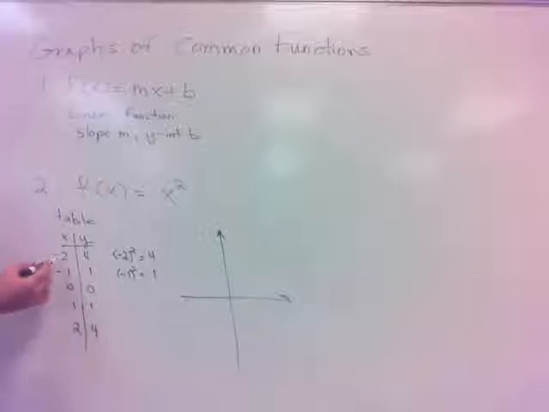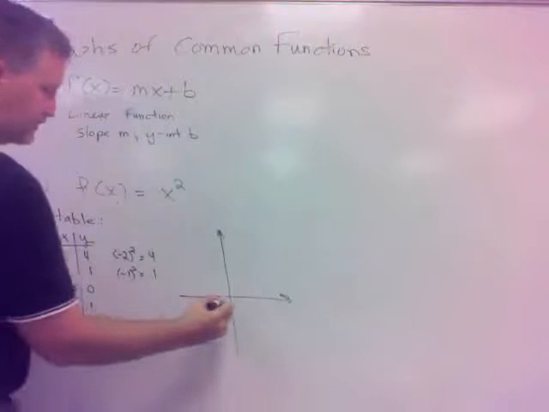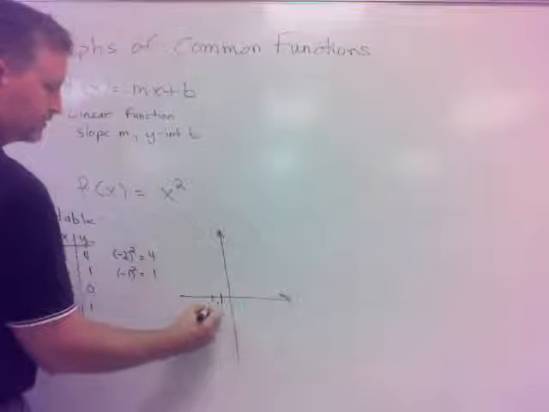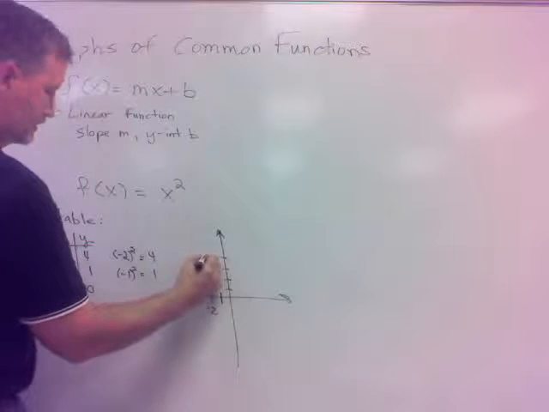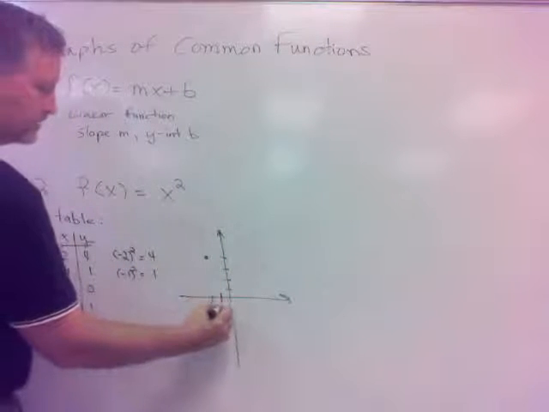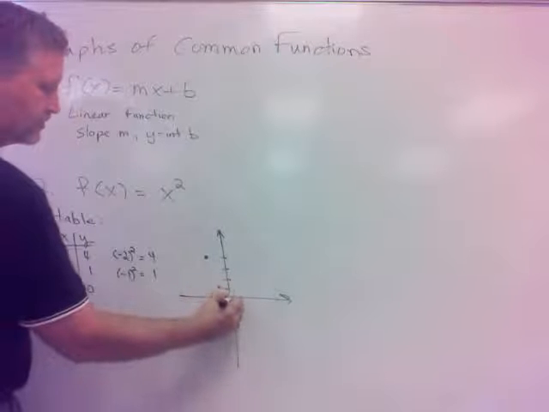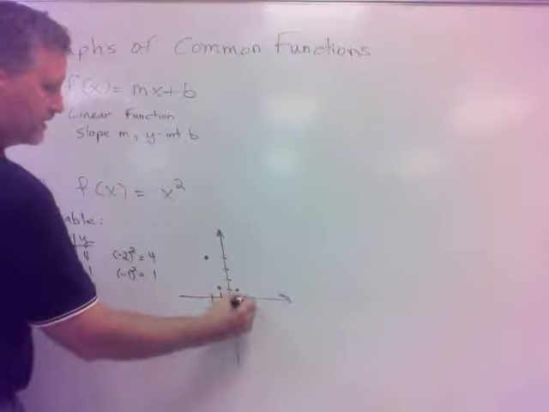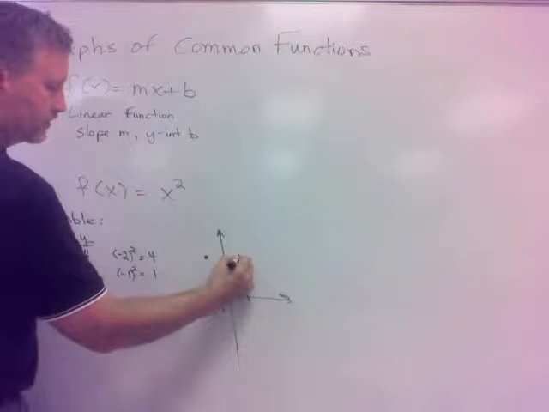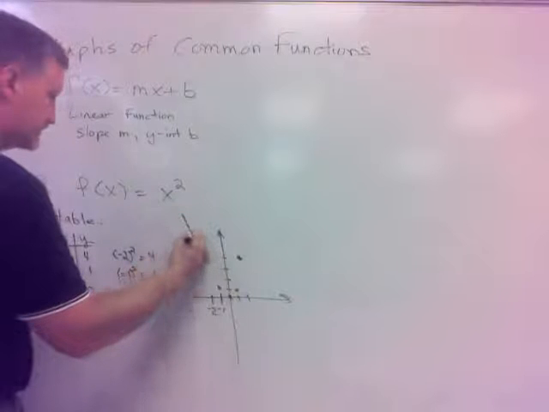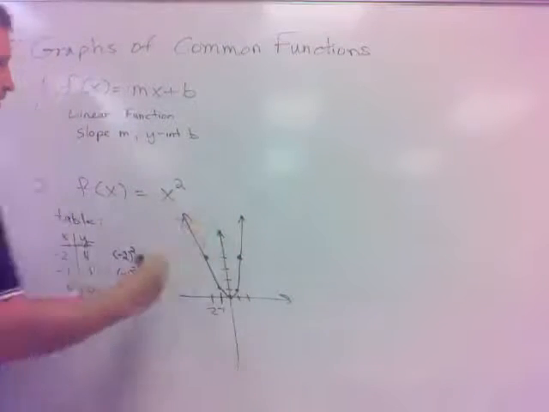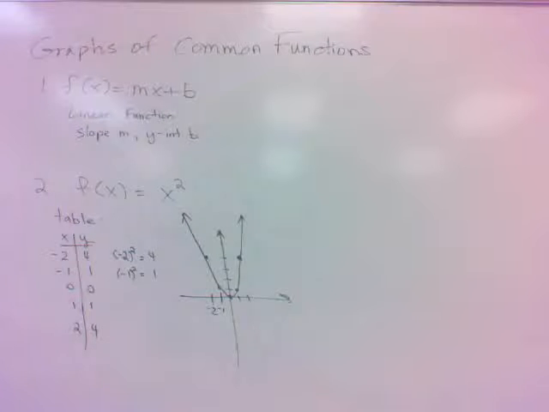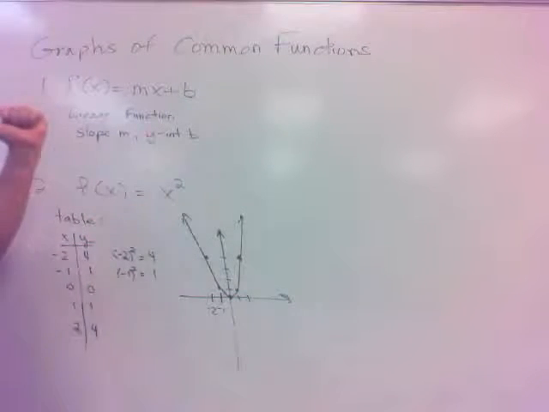All right, so we get (-2, 4), (-1, 1), (0, 0), (1, 1), and (2, 4). So we get this shape. We've seen it several times now, a bowed shape like this.